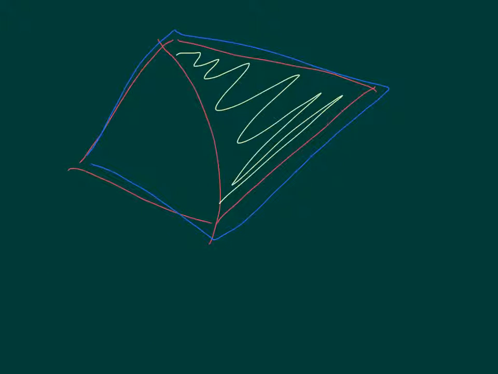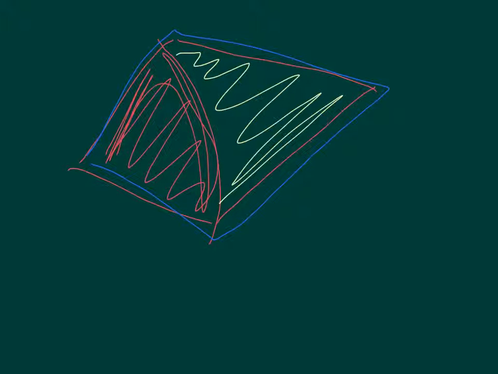Okay, so final step, I've worked out the area of the whole blue shape. I want the area of the yellow shape, so all I need to do is minus off the area of this red sector here. Now, the equation for a sector is very simply a half r squared theta.